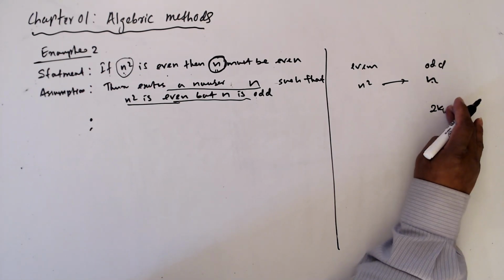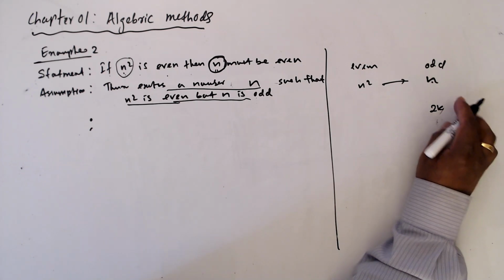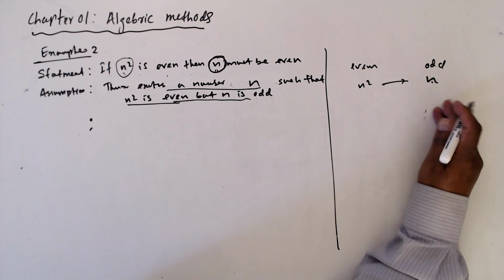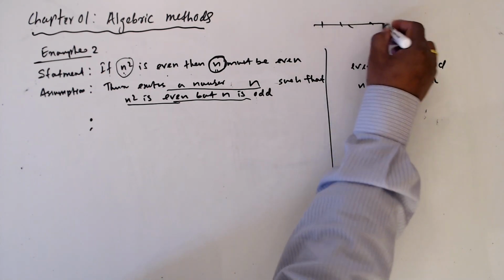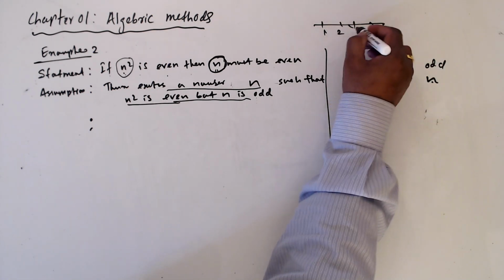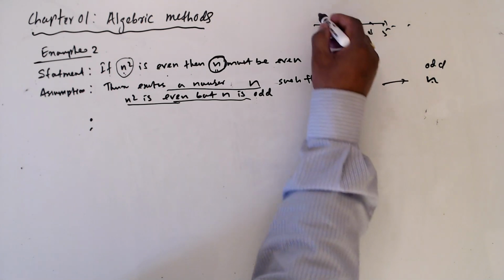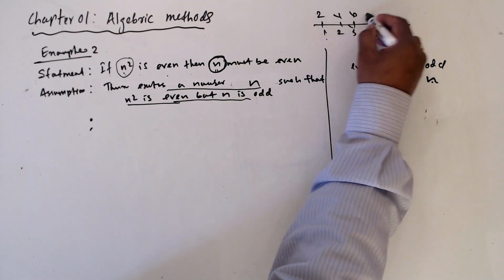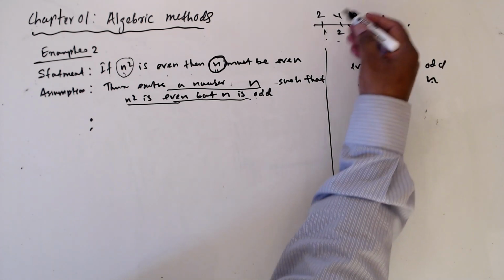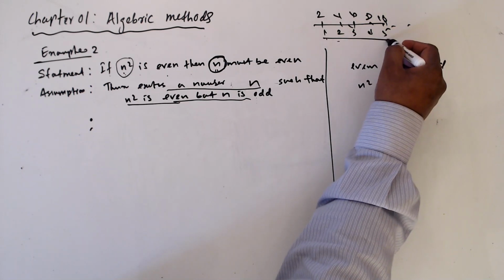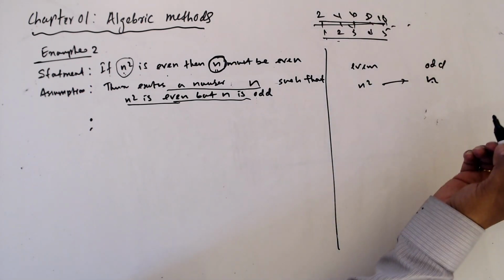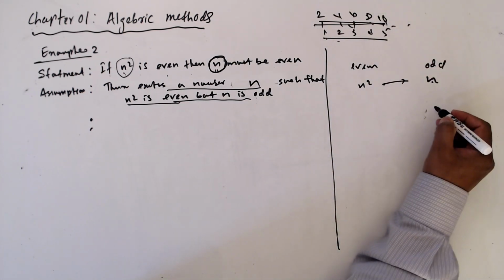Any number on the number line 1, 2, 3, 4, 5, when you double it, 2, 4, 6, 8, 10, doubling turns the number line into evens.